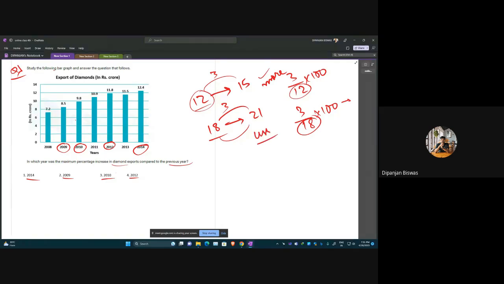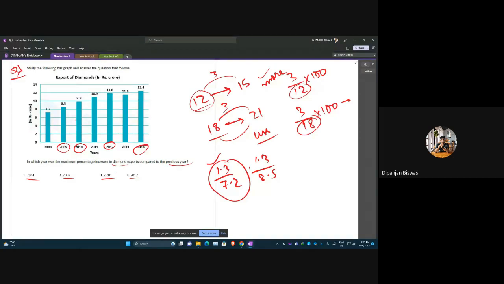Okay. So here you can see in 2009, there is an increment of how much? 1.3 on the basis of 7.2. Don't just calculate the percentage. In 2010, there is an increment of 1.3 on the basis of 8.5. So definitely this is smaller, as the denominator is bigger.